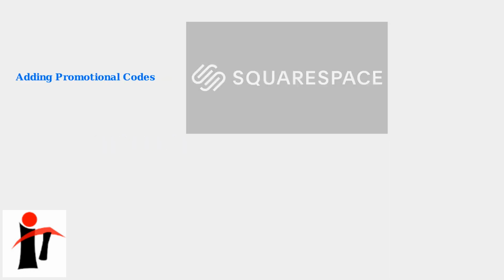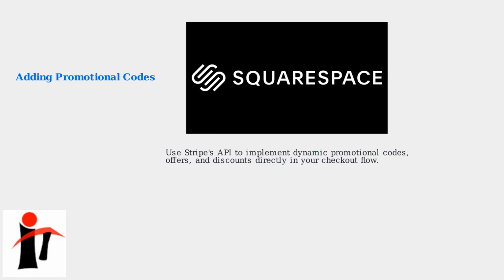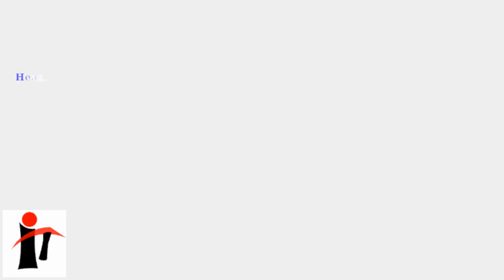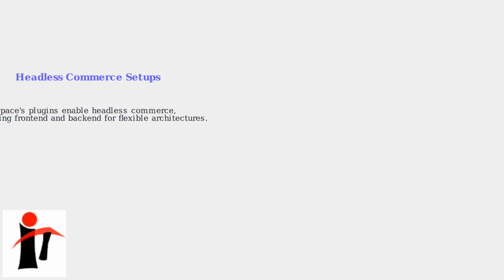Stripe's API also supports advanced promotional features. You can create and manage discount codes, seasonal offers, and loyalty programs. These integrate seamlessly with your Squarespace checkout, applying automatically during payment processing. For developers seeking flexibility, Squarespace's plugins support headless commerce.